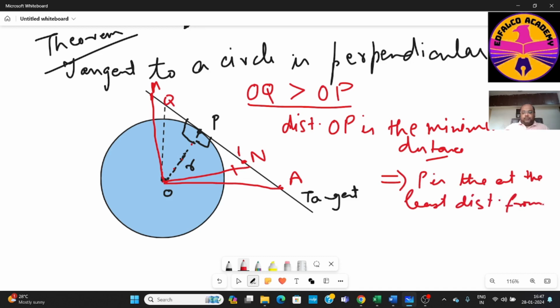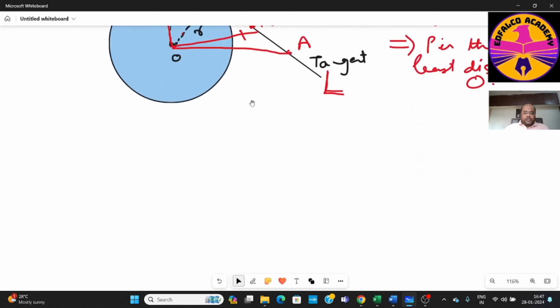from O. So if I talk about this line, let's call it line L, this entire line, the distance from a point. So the distance of this line from a point. Whenever there is talk about distance, let's understand this.